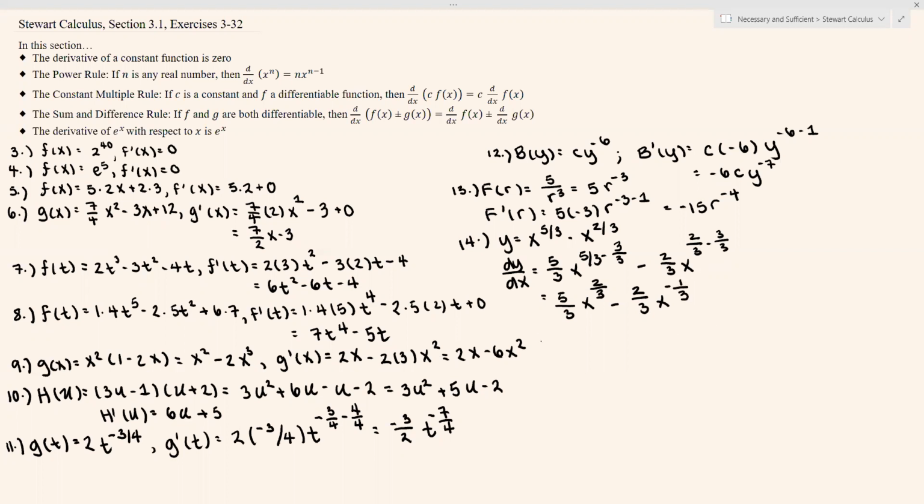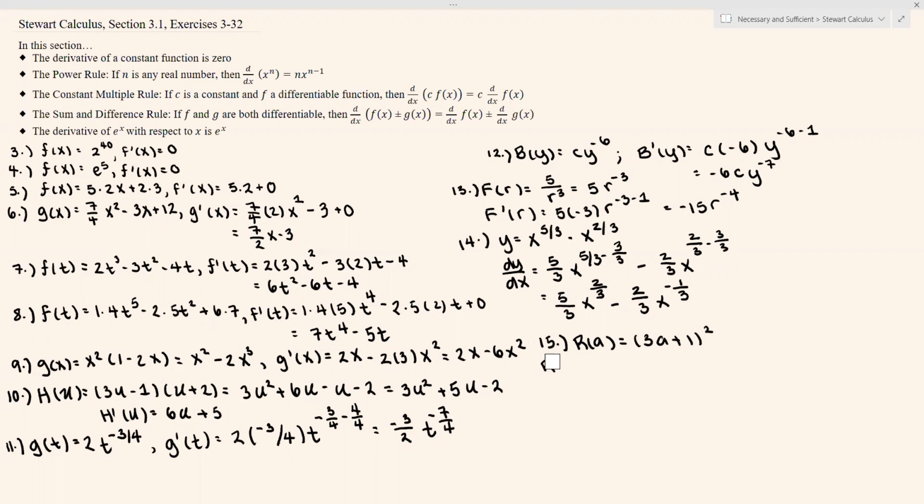Let's try problem 15. We have r of a is equal to 3a plus 1 squared. If we knew chain rule, this would be a nice place to use it, but instead let's expand this so that we can use the rules given in this section.